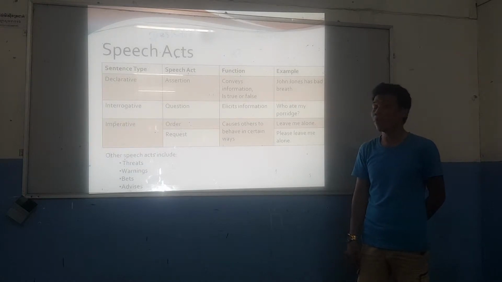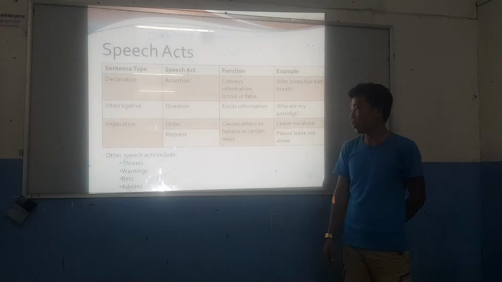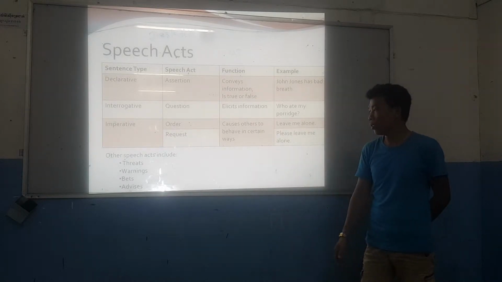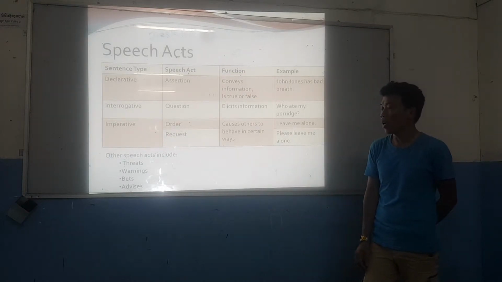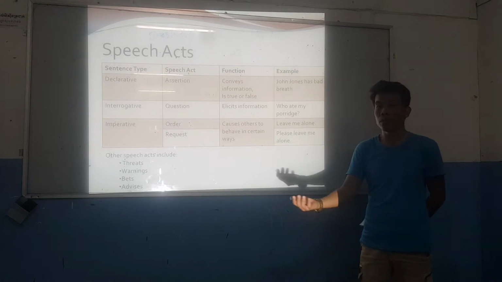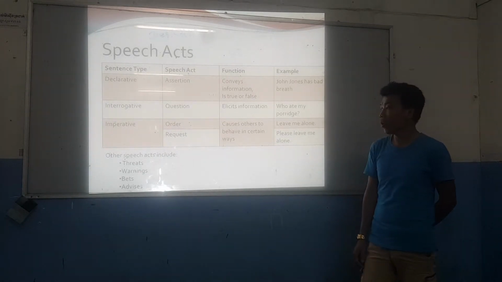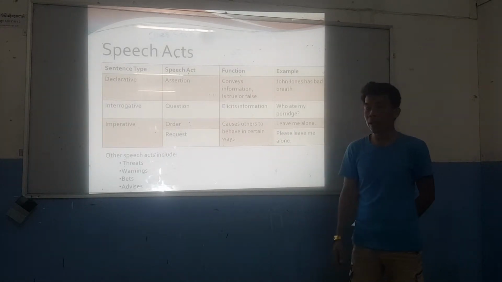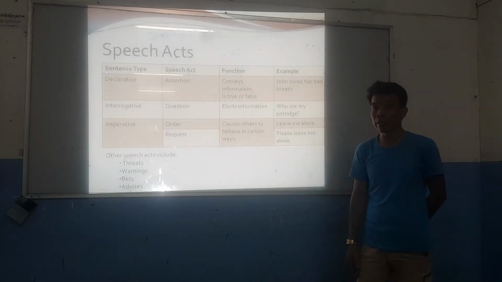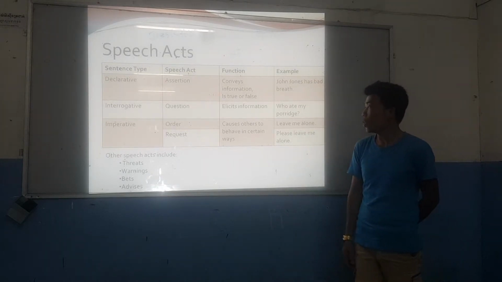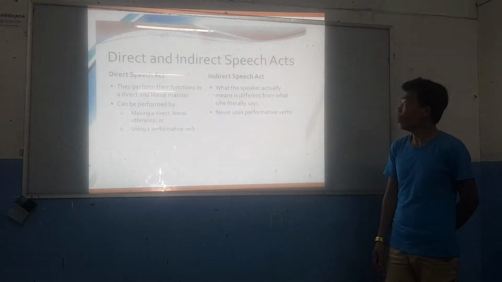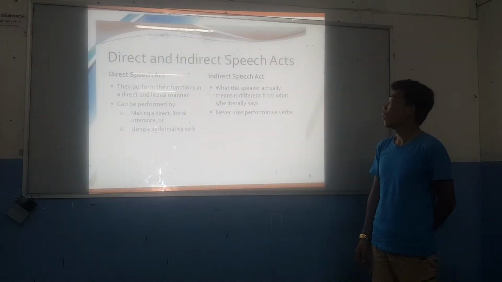We use warning for someone who makes a mistake or does something wrong. Bid, it means bid and advice. Advice is when you see someone, like your student, studying slowly or not respecting the teacher, so you give them advice. Okay.